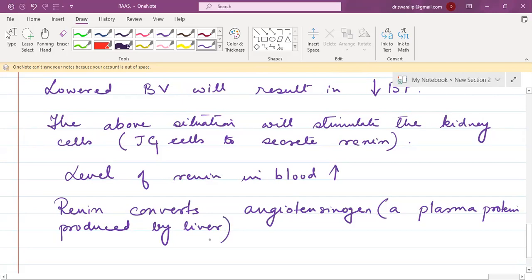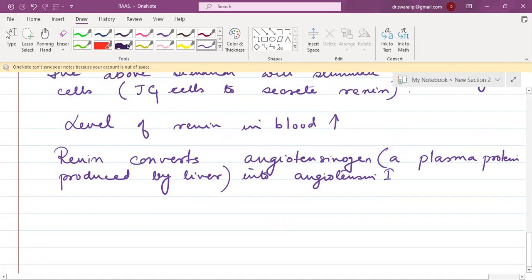So what does renin do? Renin converts this angiotensinogen into angiotensin 1. Clear? Renin will be converting the angiotensinogen, which is a plasma protein produced by the liver, into angiotensin 1.